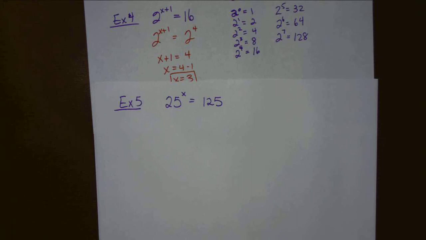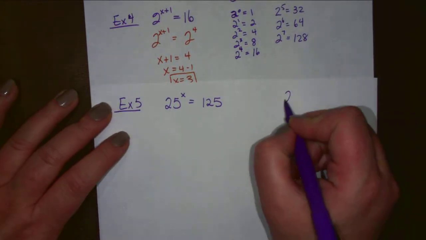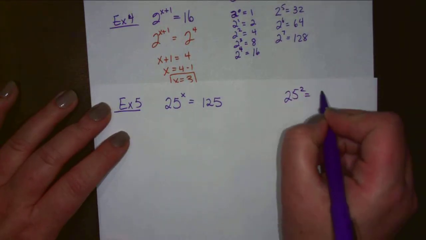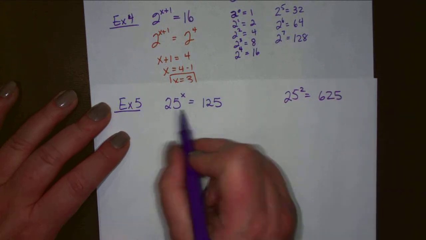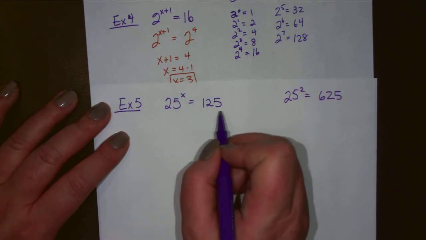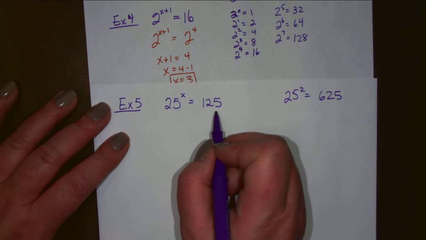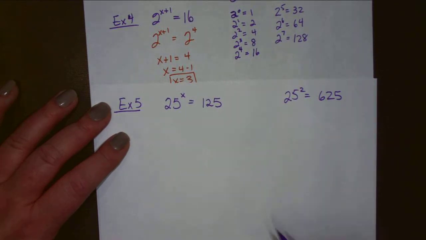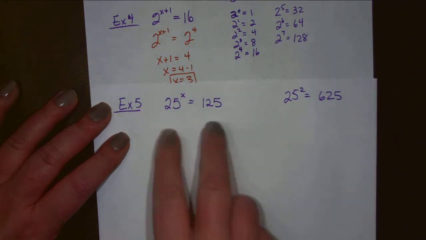So why is it not 25? What is 25 squared? It's 625. So we can't write 125 as a power of 25 because the first power is bigger than the number we have there. But you might have to change both sides.